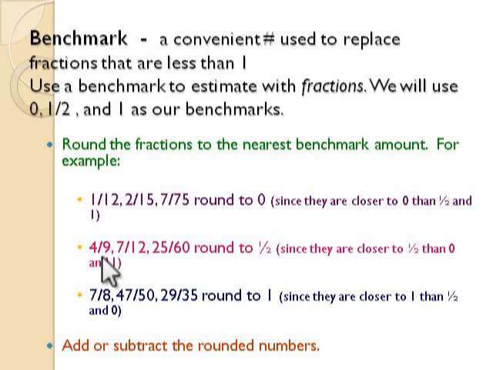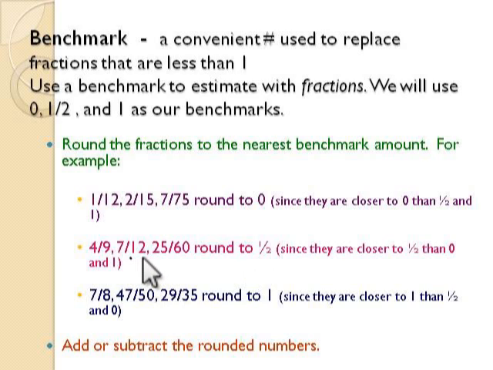4/9 would round to a half. The easiest way to decide that is to think about what would be half of the denominator. Even if it would be a decimal, half of 9 is 4.5. So 4 would be very close to that, and that's why we would round it to a half. 7/12.